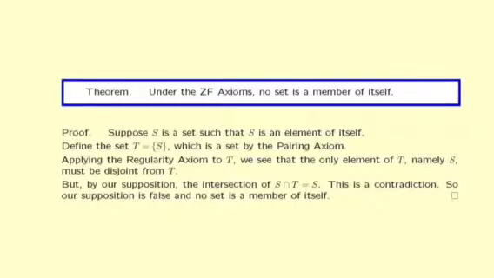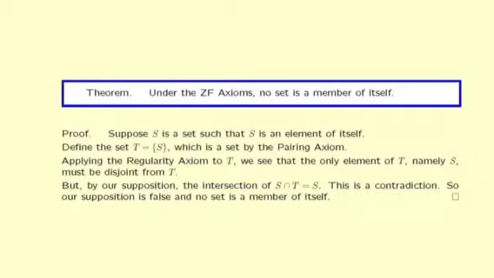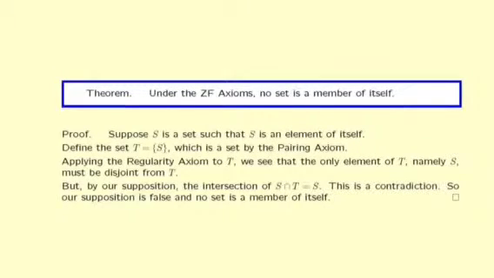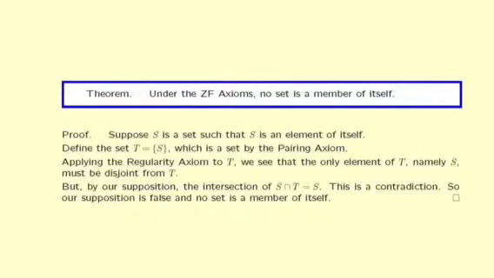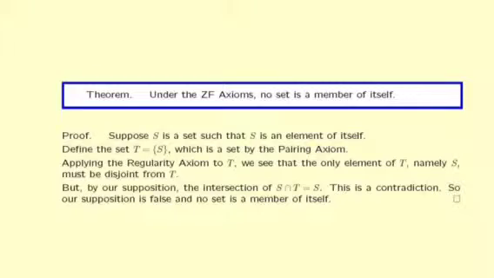So S has as a member S, and T clearly has a member S, so S intersect T is S, not the empty set. So we have a contradiction, so our supposition is false. This means that S is not a member of itself.